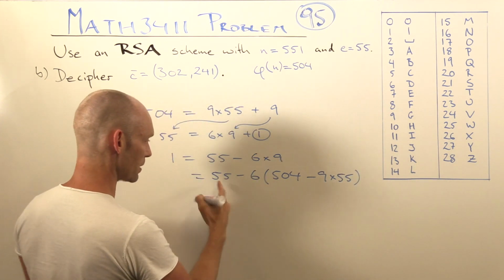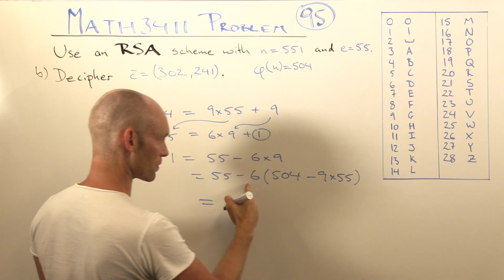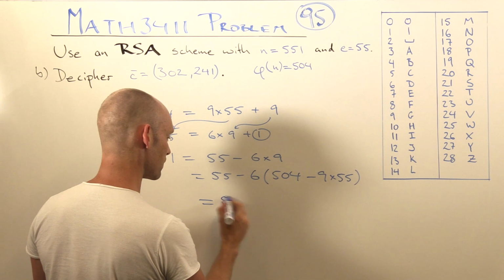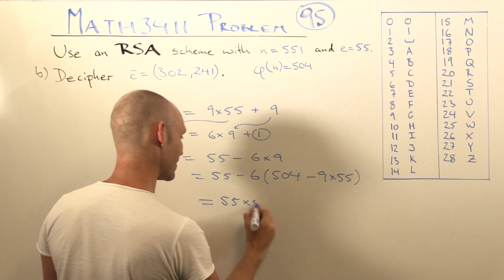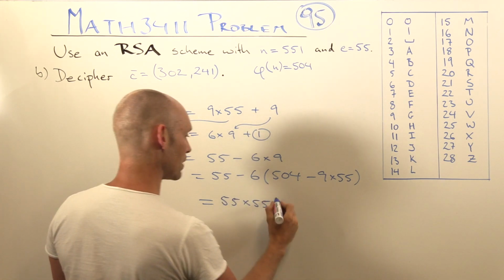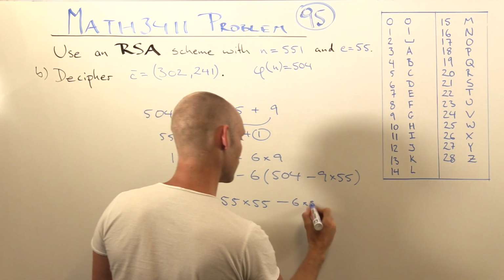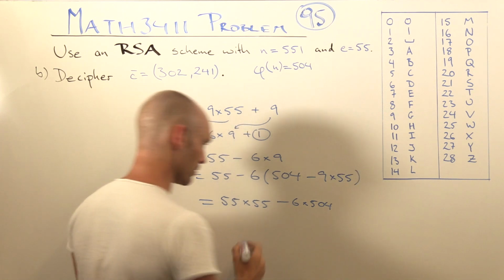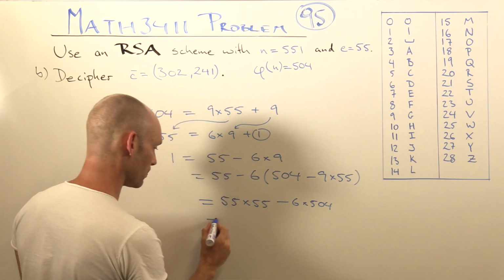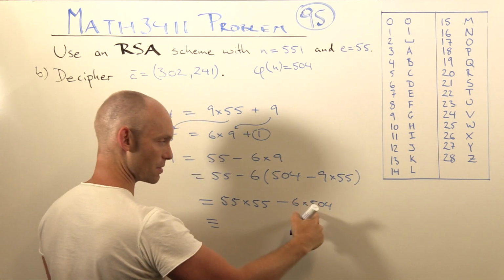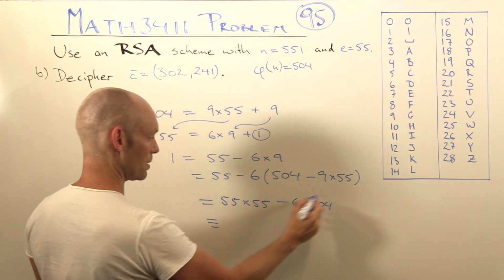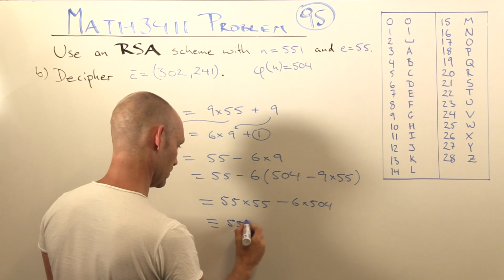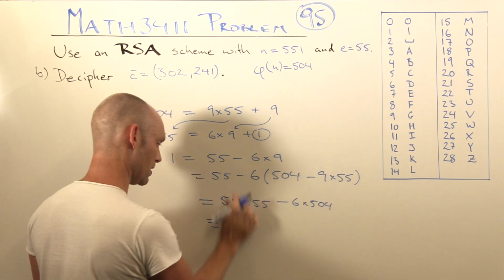If we collect the 55s, we've got 1 there, we've got minus 6 times minus 9 of the 55s, that gives us 55 55s. And then we have some terms involving 504. Now, modulo 504, this cancels out and thus leaves us with 55 squared.